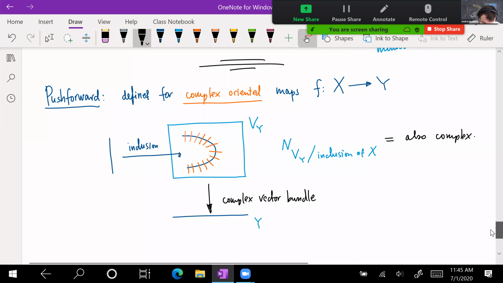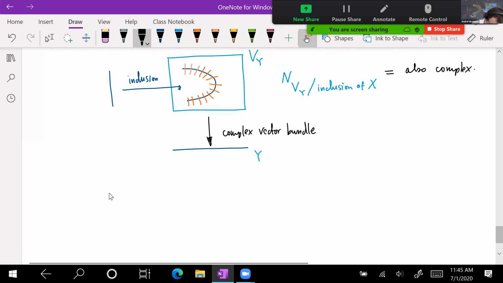So we have, I'll write it already in elliptic homology.